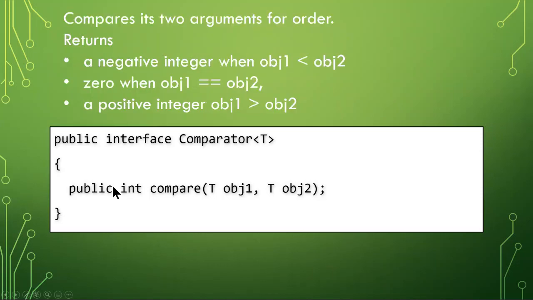In the definition of that interface, what it says you should be doing, and everyone else will agree that this is how the result should come back, is that any negative number means that object 1 is less than object 2. If you get a 0, it means that they are the same, and a positive integer means that object 1 is greater than object 2.